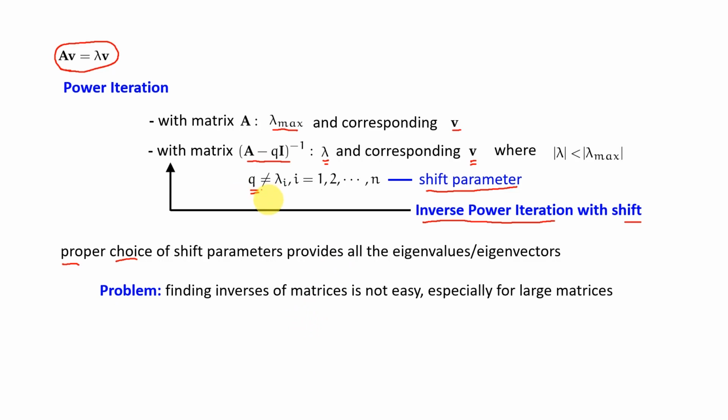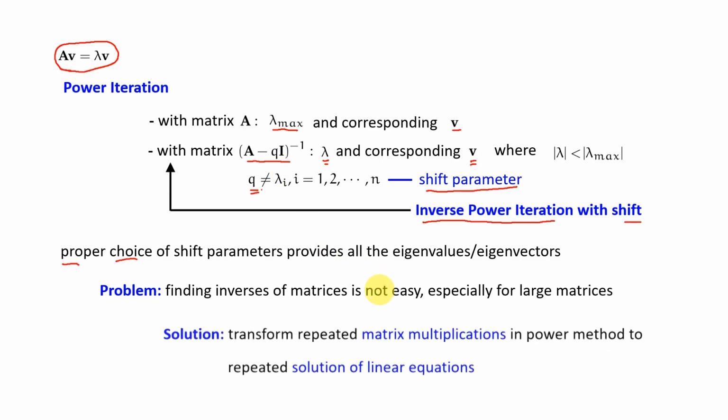Let us say that I do have a proper choice of Q, but then I have to figure out (A minus QI) inverse if I want to apply the power method over it. And this is not always easy, especially if the matrix is large. Finding its inverse is very time consuming, and we usually avoid that sort of possibility. So what do we do then?